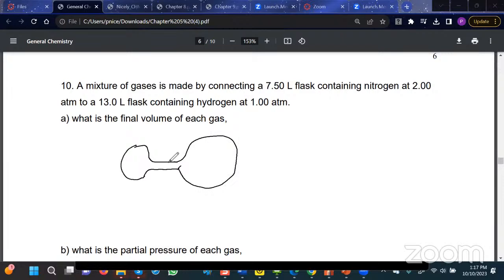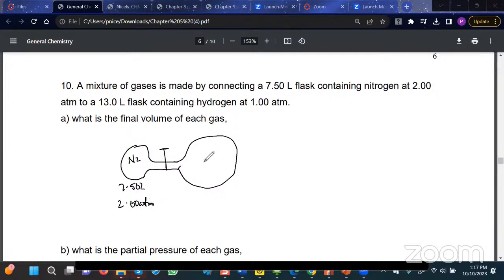All right, and they're connected, right? So let's say we have a tap right here which separates it, right? So this flask contains nitrogen, right? The volume is 7.50 liters and the pressure is 2.00 atmospheres, right?